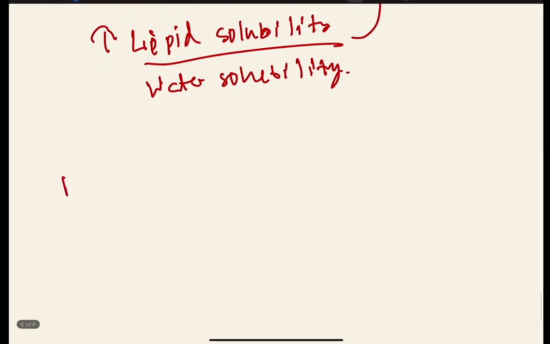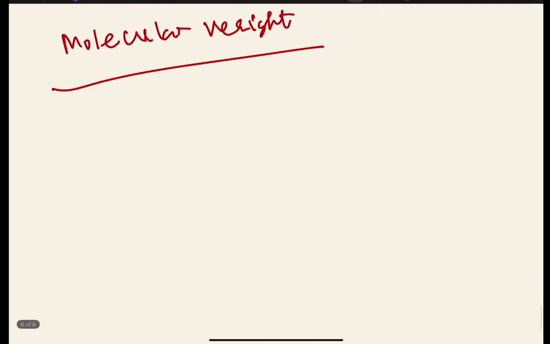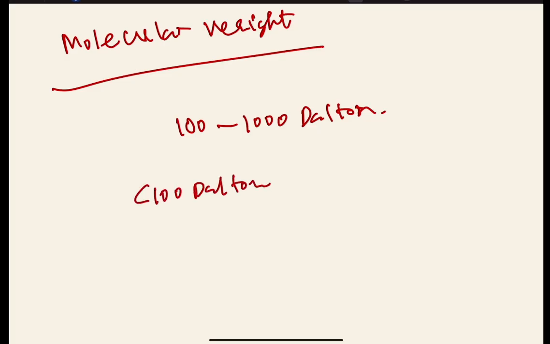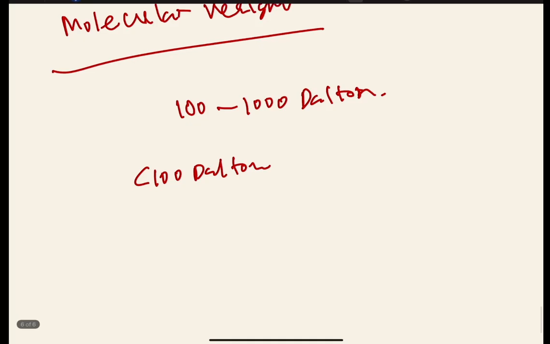then there's another thing in permeation that I have to talk about, which is molecular weight. Okay, so most of the drugs are 100 to 1000 Dalton. Drugs of less than 100 Dalton easily cross the biological membrane.